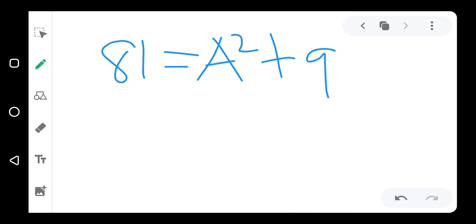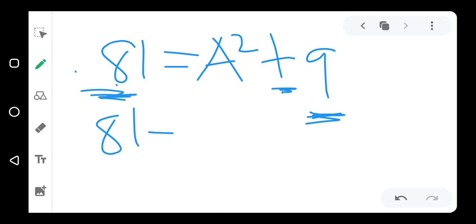Therefore, we have 81, and this 9 is coming to the other side. It has a positive sign here; if it is coming to this side, it becomes negative. It is coming to meet the 81 so that like terms will stand together. These are numbers, figures, while this one is an alphabet.